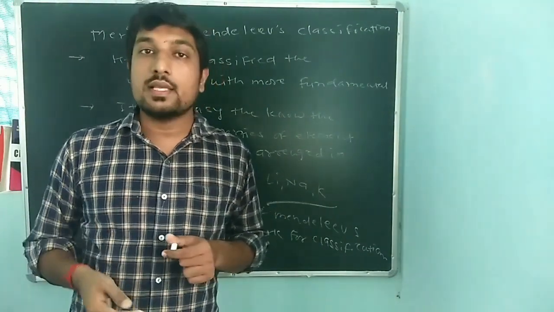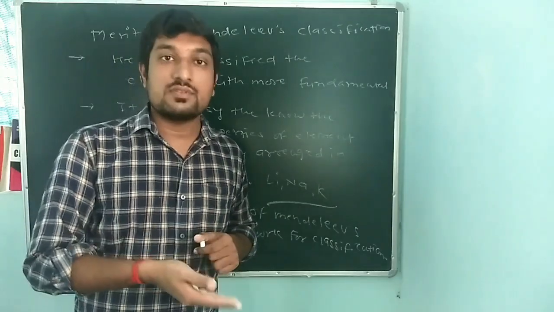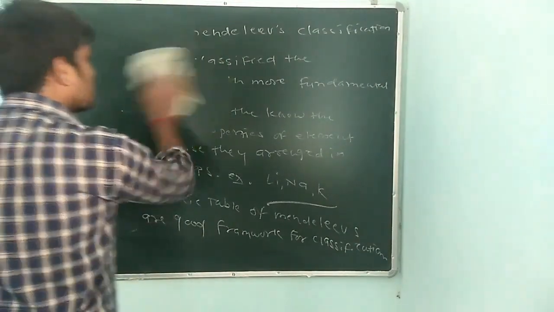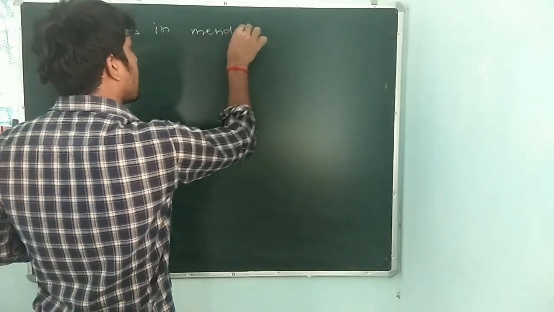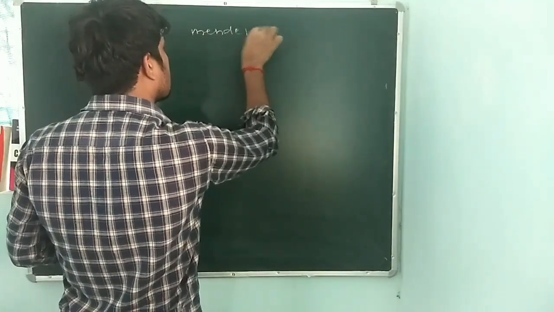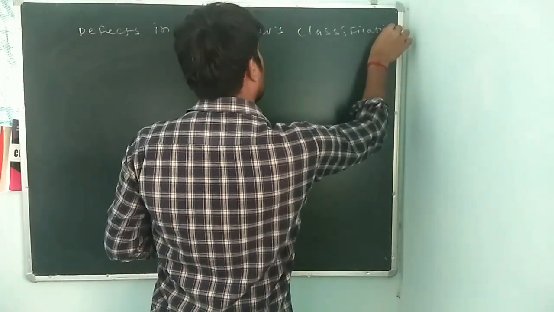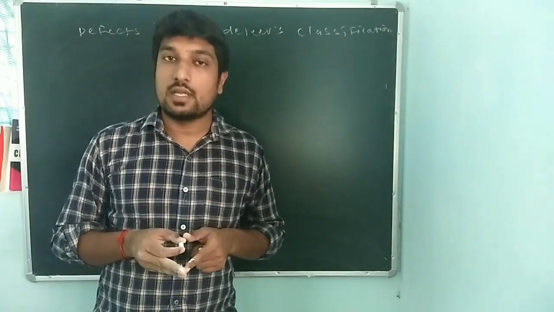Then the next topic is the defects in Mendeleev's periodic table. So there are some defects also in Mendeleev's classification. What are the defects?